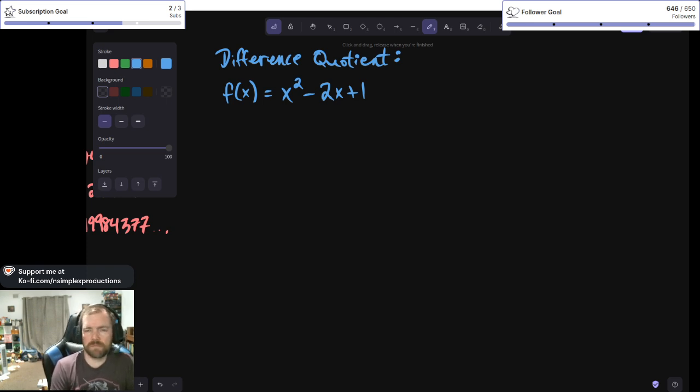And we want to find out what is the slope going to be at any particular point?